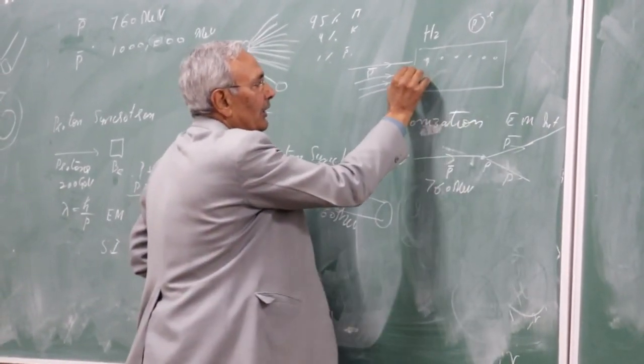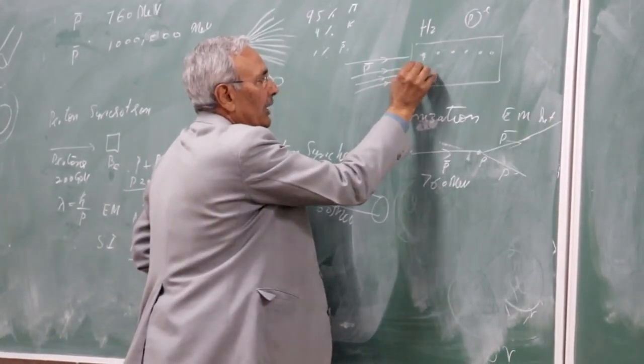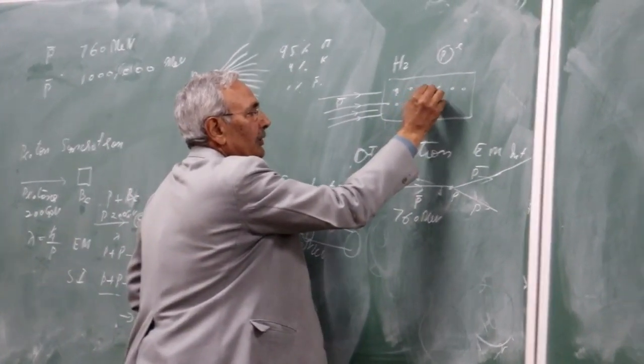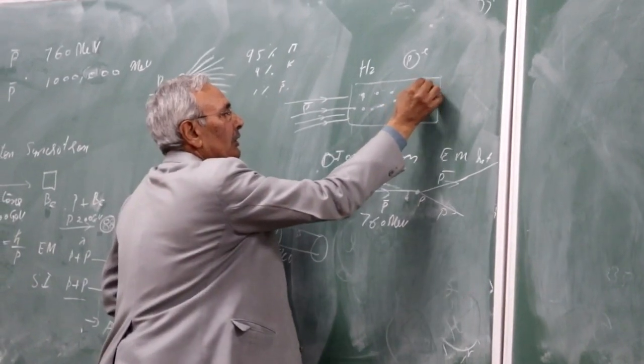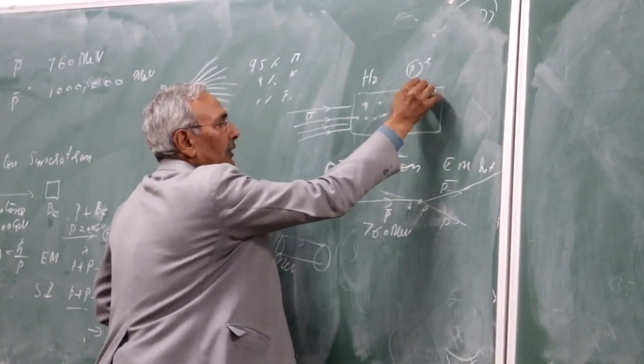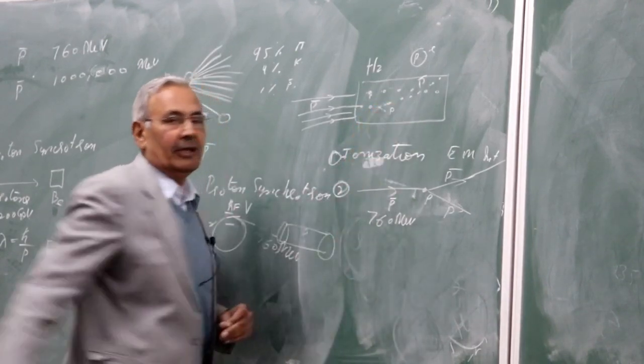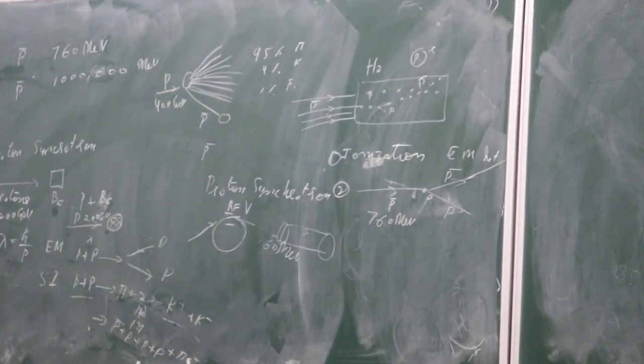So how will it look in the bubble chamber? It has bubbles, and you get bubbles like this one. This is your antiproton track, and just a little bit over here, that's your proton track. Why?